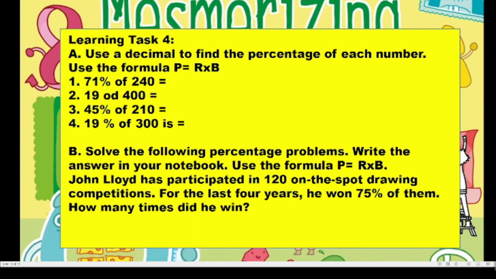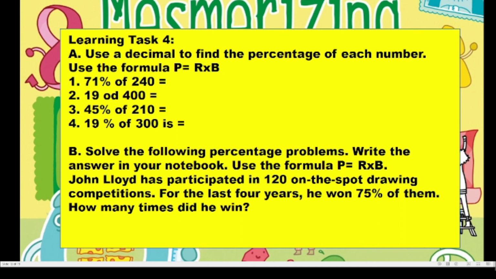And continue to number 2, 19% of 400. Number 3, 45% of 210. Number 4, 19% of 300 is.